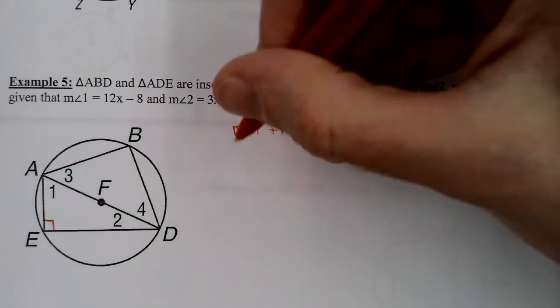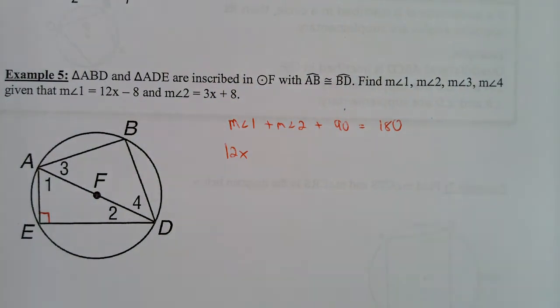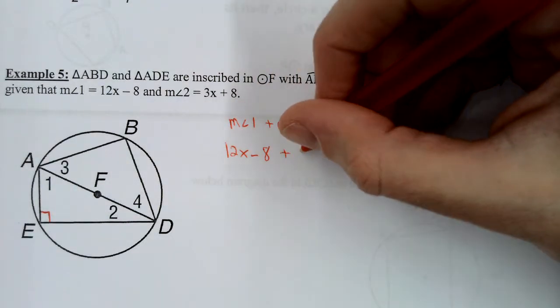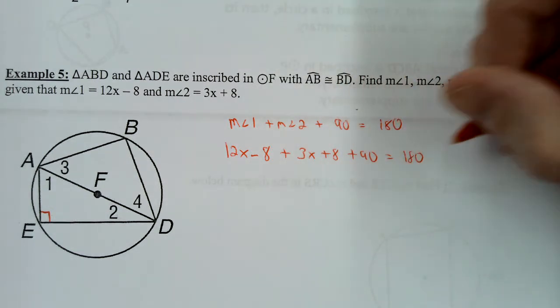So 12x minus 8. You can probably even skip that first step and just say that the measure of angle 1 plus the measure of angle 2 equals 90 if you want. Okay, but 12x minus 8 plus 3x plus 8 plus 90 equals 180 when you substitute.